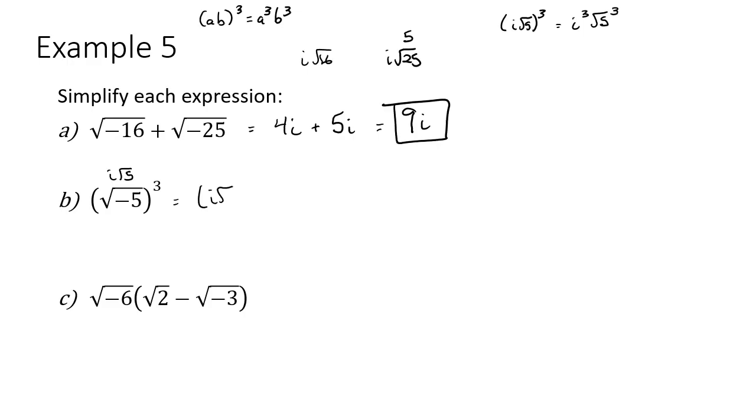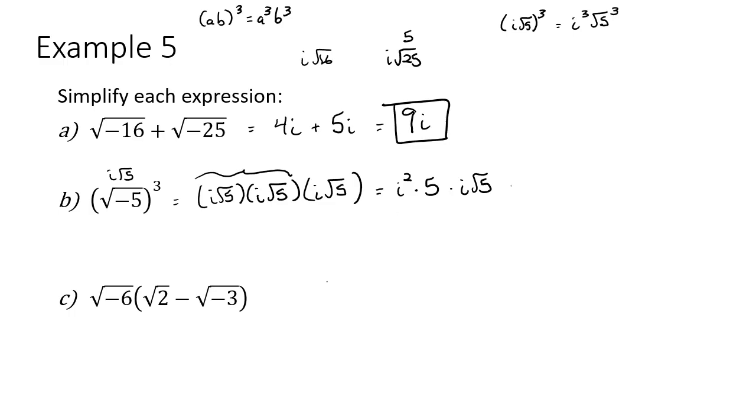So I'm going to write this as i square root of 5 times i square root of 5 times i square root of 5. The reason I'm doing that is I want to start by just multiplying two of them together. So i square root of 5 times i square root of 5 would give us i squared, and the square root of 5 times itself would give us 5. But then this is still times our last i square root of 5.